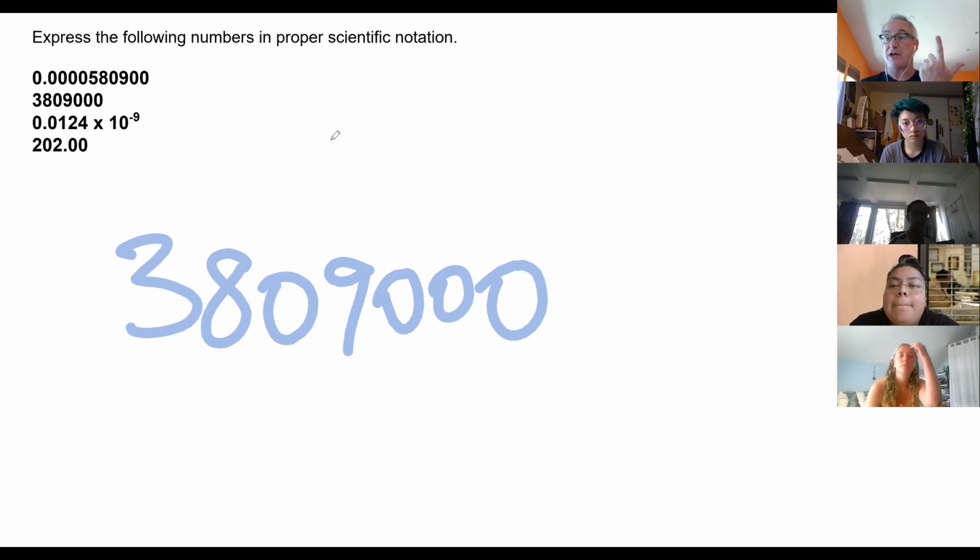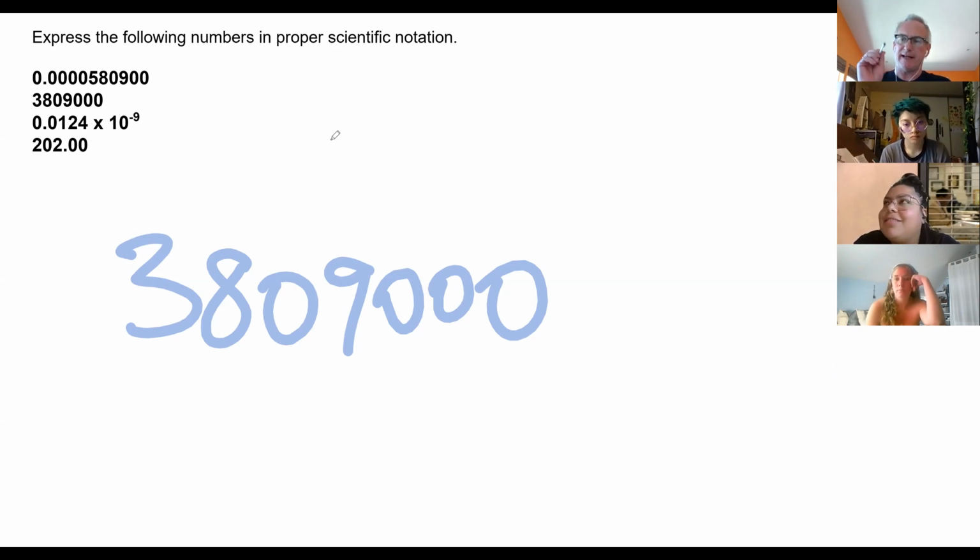Accuracy means you get the right answer. Precision means you get the same answer. So if something's precise, I can get the same answer over and over again. Precision also means how close to a particular number can I be?